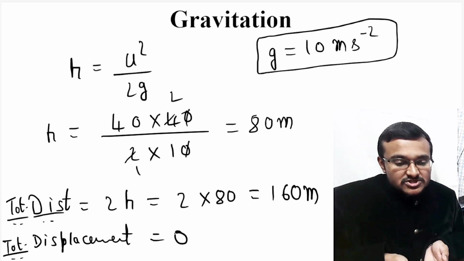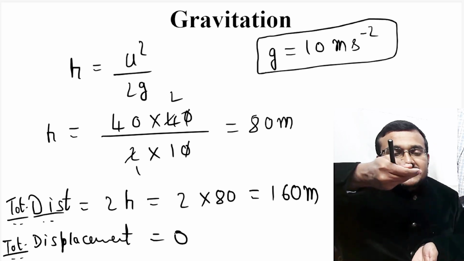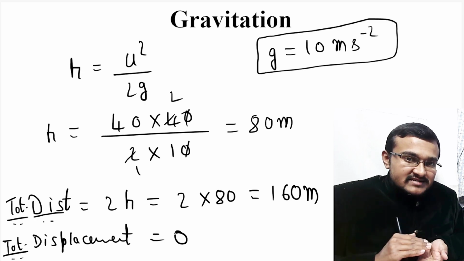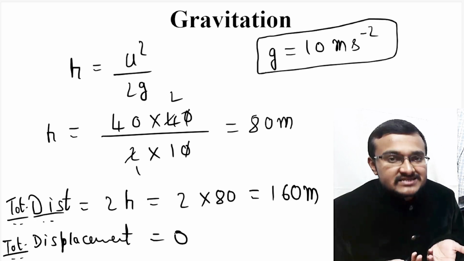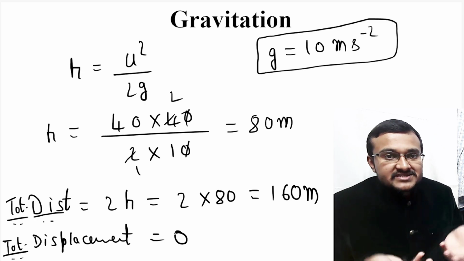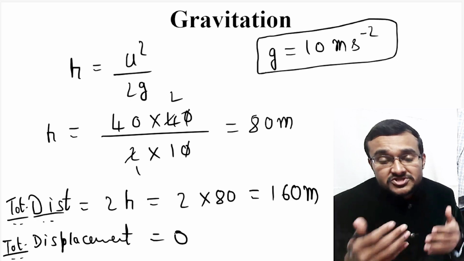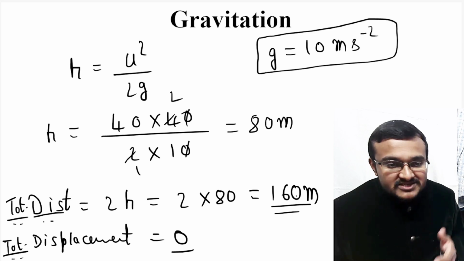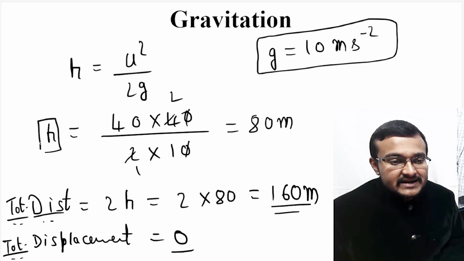So the stone was exactly vertically traveling upwards, and it will follow the same path and reach its initial position. So what is the displacement? Displacement is 0, because it has reached its initial position only. So that's why total displacement is 0. Total distance is 160 meter, and the maximum height this stone has reached is 80 meter.